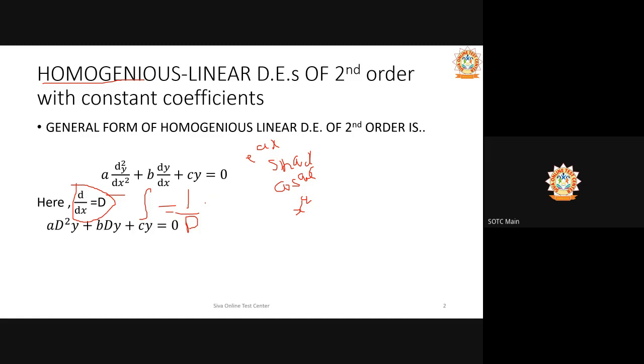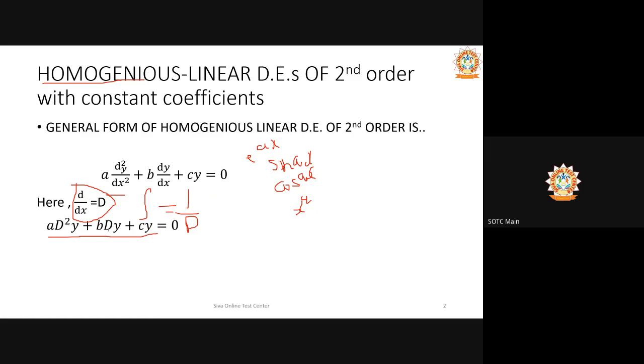Now let's see how to solve this differential equation. I represent d by dx as D, so it becomes a D square y plus b Dy plus cy. Wherever d by dx or d square y by dx square was there, we put D in its place. This is called the symbolic representation of the differential equation.